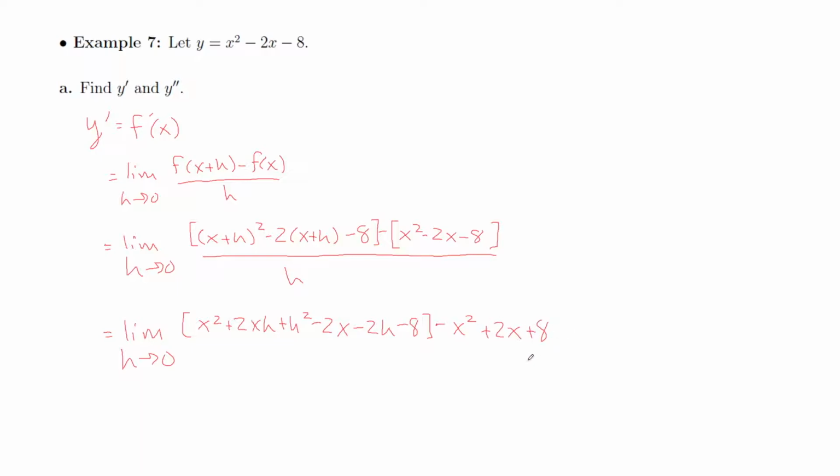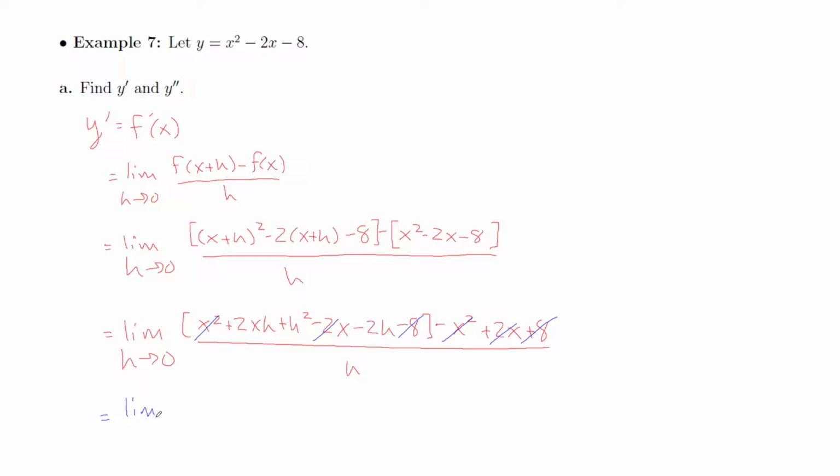I suppose I didn't need to keep these brackets on here. It doesn't really matter though, because I can see at this point that my x squared and my minus x squared are canceling. I can see my negative 2x and plus 2x are canceling, and I can see my plus 8 and my minus 8 are canceling. So that's all very good.